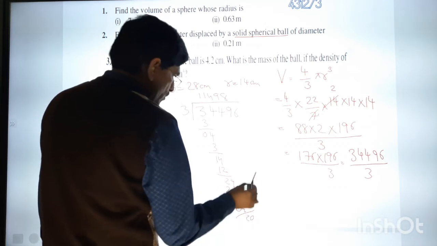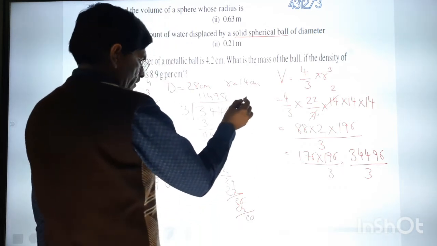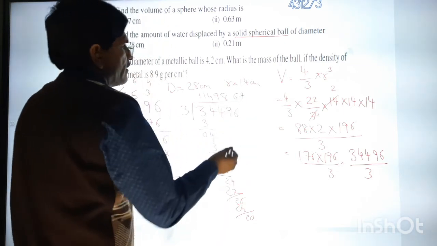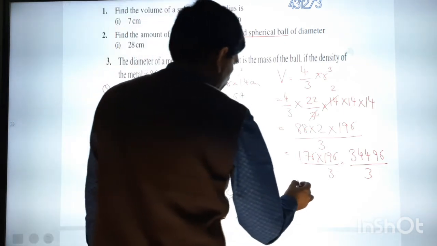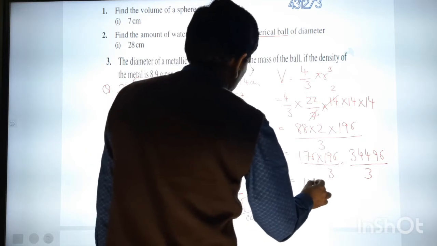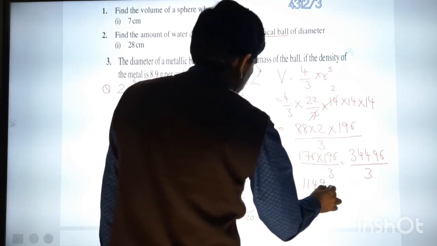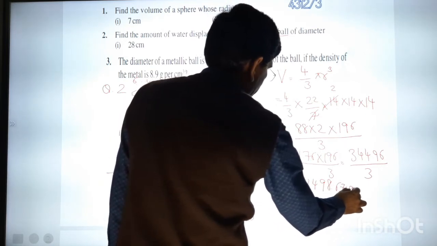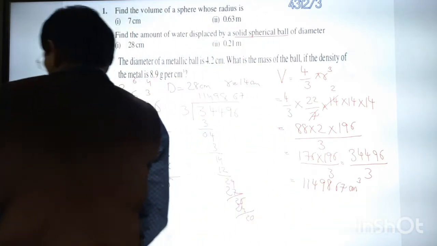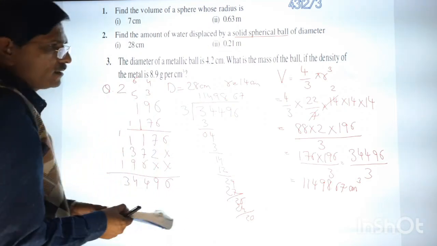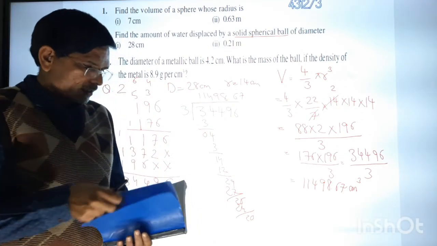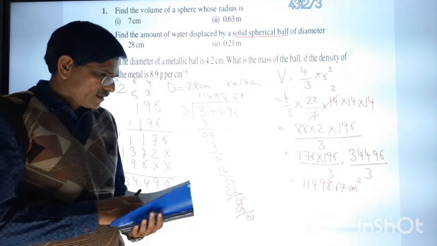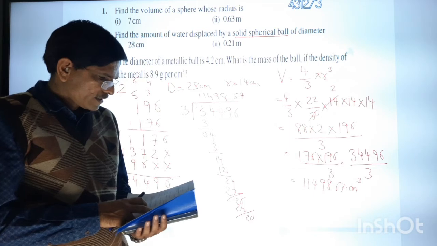So continuing, according to me the answer is 11498.67 centimeter cube. If you get the answer, let me see whether ours is correct or not, because if we do something wrong in multiplication, we get an incorrect answer.